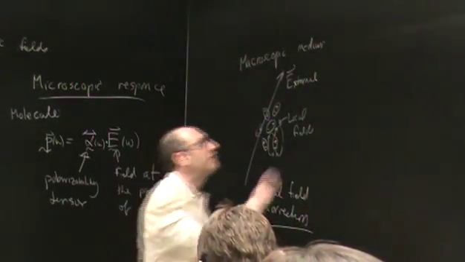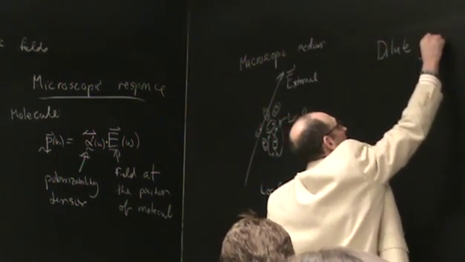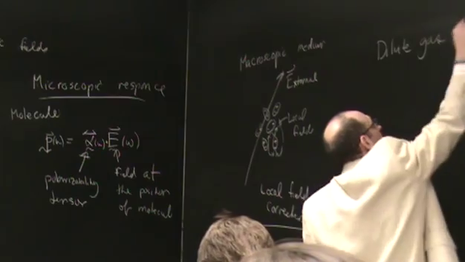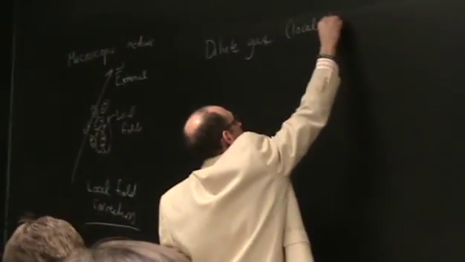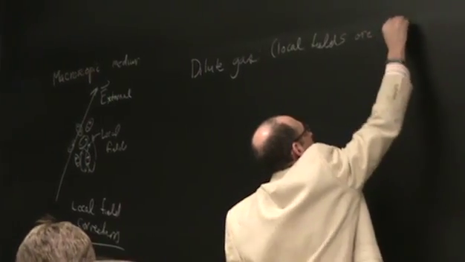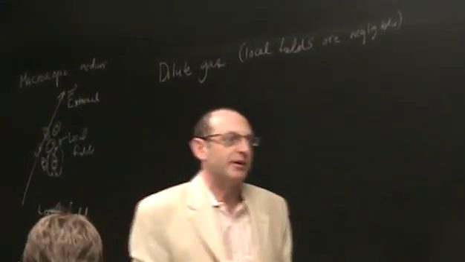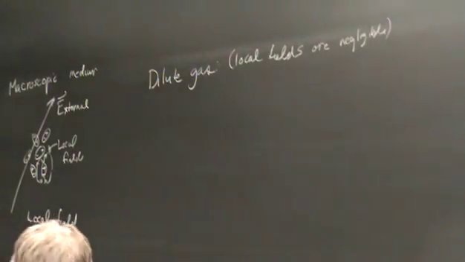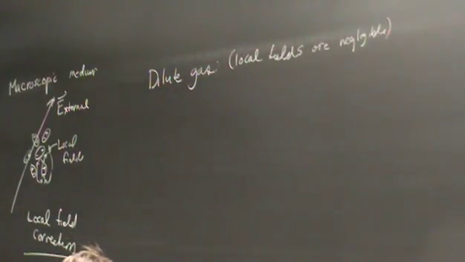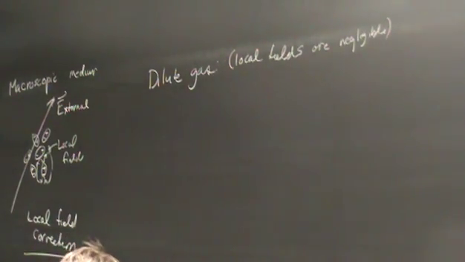On the other hand, if I have a very dilute gas, such that local fields are negligible compared to the external fields, so I might have an atomic vapor, okay? And I'm going to put a laser field on that vapor. I want to see how that laser field propagates through that atomic vapor.